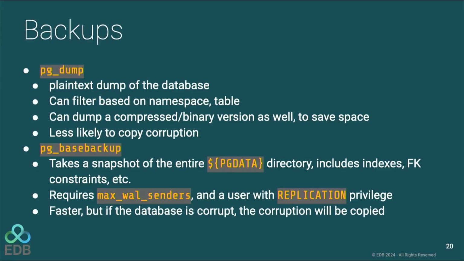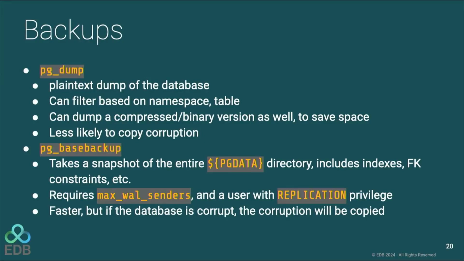The second method of backing up is pg_basebackup. Now this actually copies the entire PG data folder, so it will also copy any bad or corrupted files too. But the nice thing about pg_basebackup is that it is very fast. It just takes a snapshot of the disk, and you can replay it or load it up somewhere else.